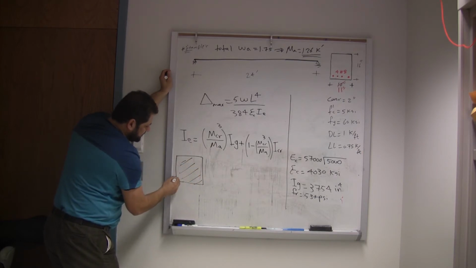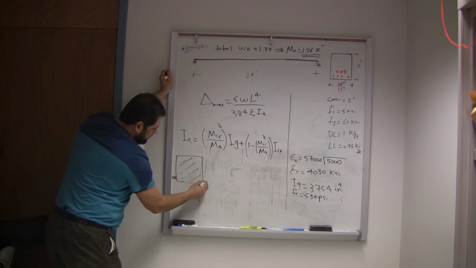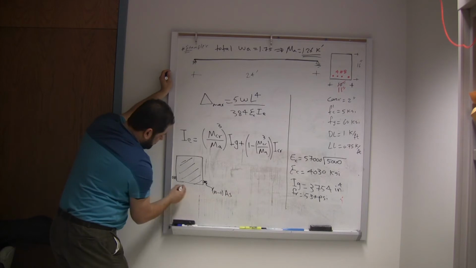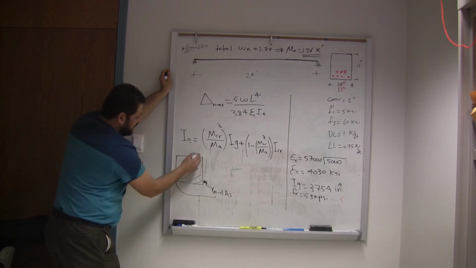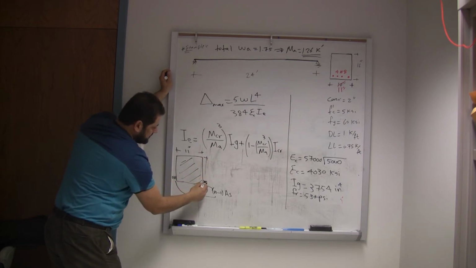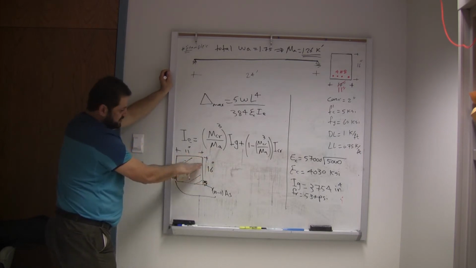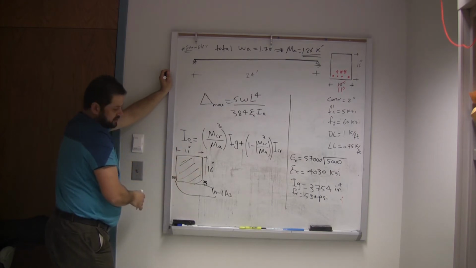On both sides, we have (n minus 1) A_s. This is 11 and this is 16. I need to locate where the neutral axis is, then I calculate the moment.